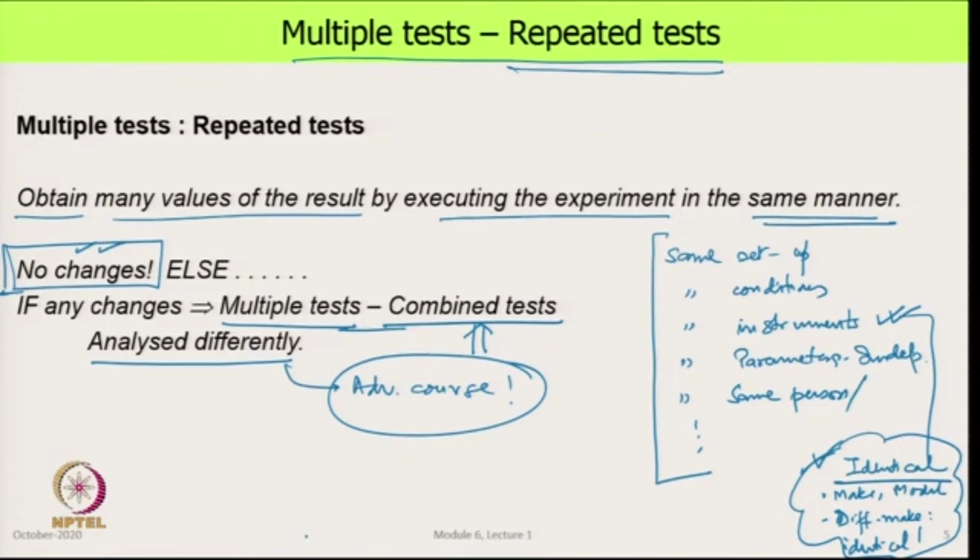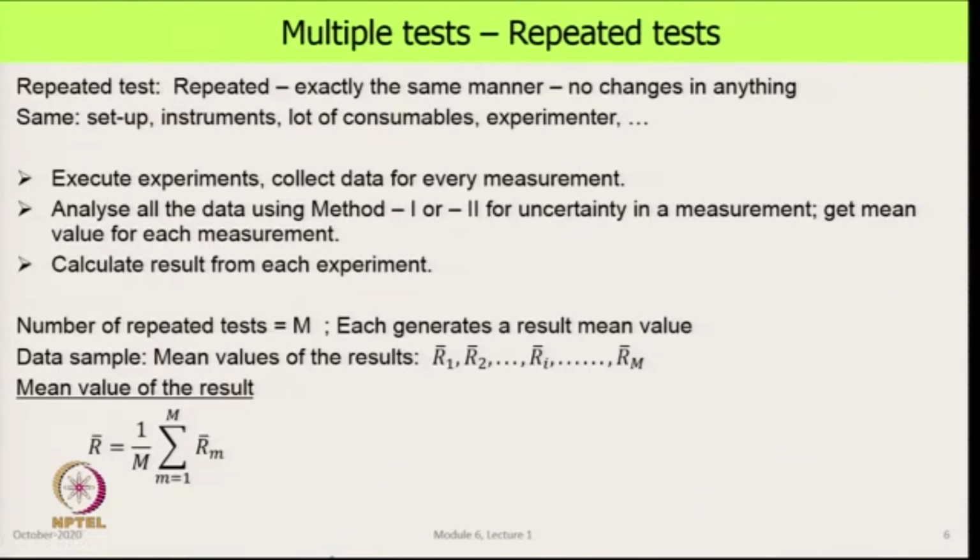But it is important to remember, in what we are going to learn now, what are the ifs and buts for executing the experiment, and that nothing should change. So, this is what we have said here now, that in the repeated test nothing changes.